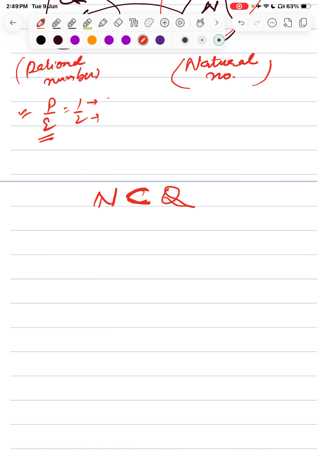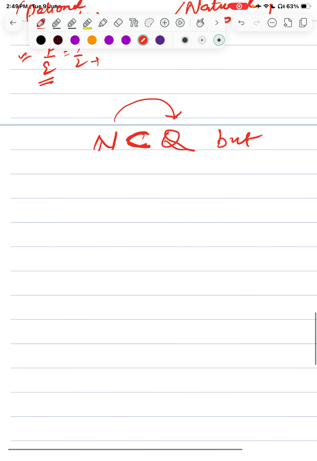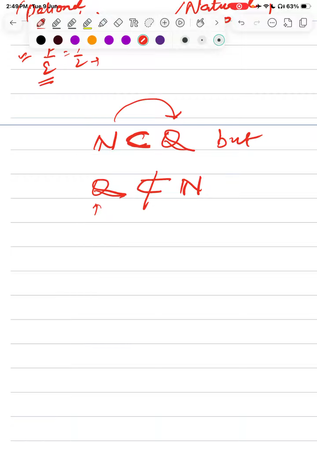All the natural numbers will be in the set of rational numbers, but Q, the set of rational numbers, is not contained in the set of natural numbers.